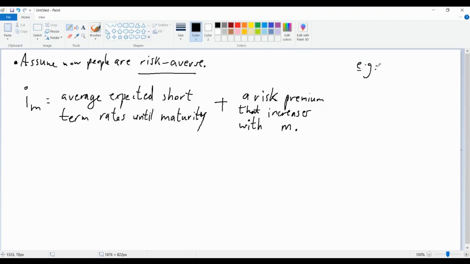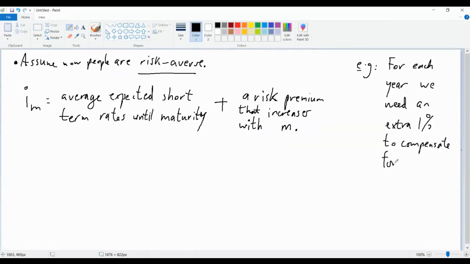Let's say that the risk premium is that for each extra year that you have to hold the bond, we need an extra 1% to compensate for interest rate risk.